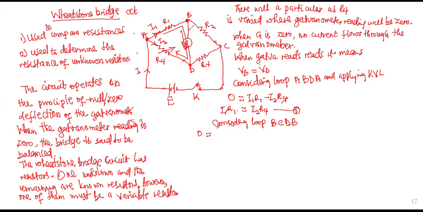I told you that when the galvanometer reads 0, I1 will not pass through the galvanometer, but when I1 gets to B, it will still pass through R2, and when it gets to D, it will not take BD, but will still go through RX. So look at it and tell me. 0 is equal to I2R2, come again. Which current will go through R2? Will it be I2 or I1? I1.